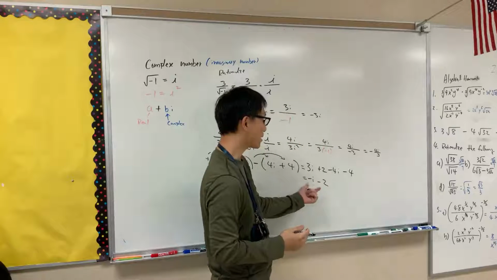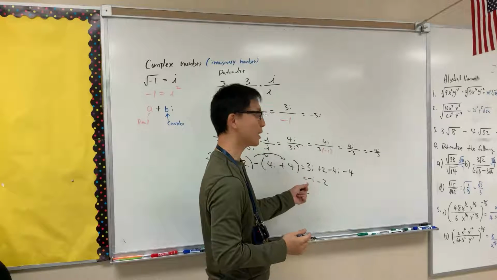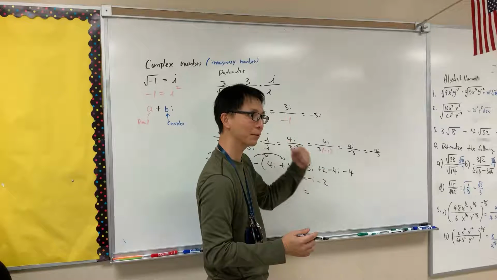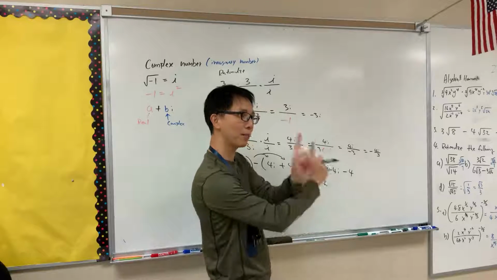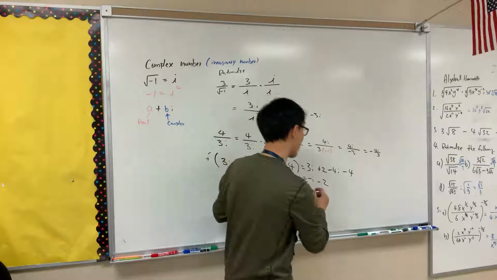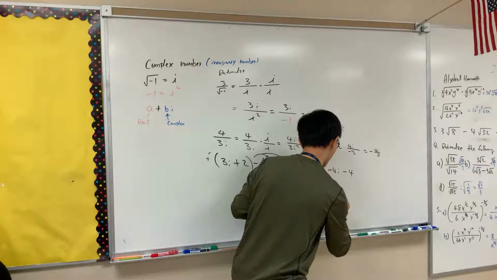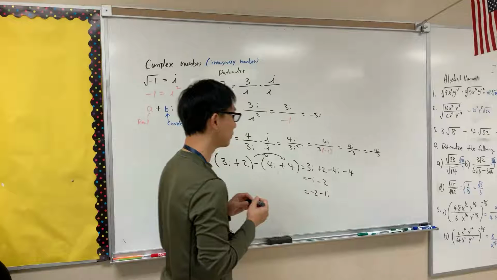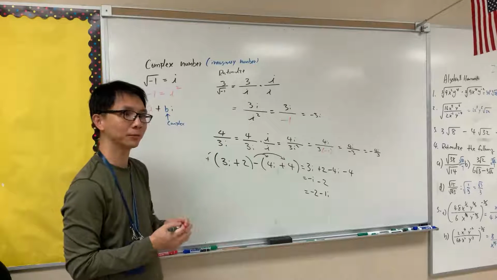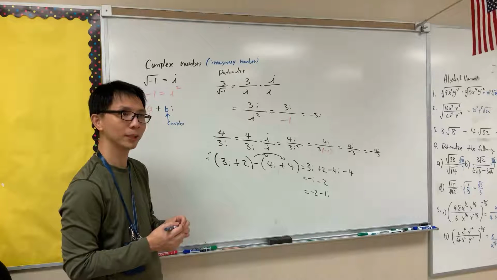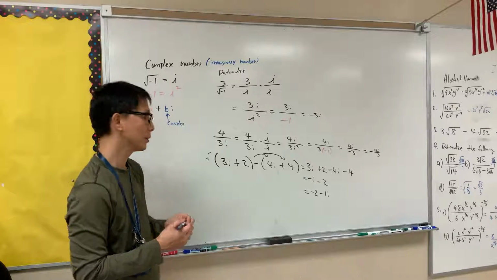So what is the problem here? This one is not in the a plus bi form. So can I change it to the a plus bi form? I can put the real number in the front, minus 1i. So what's my b value? Negative 1.